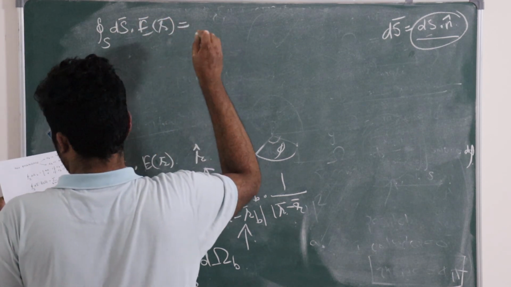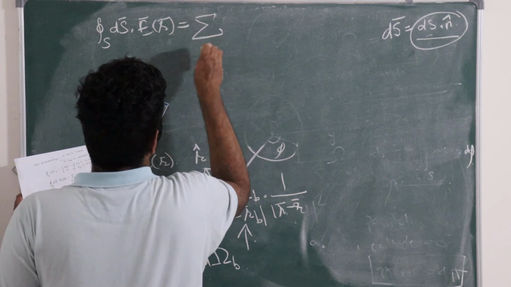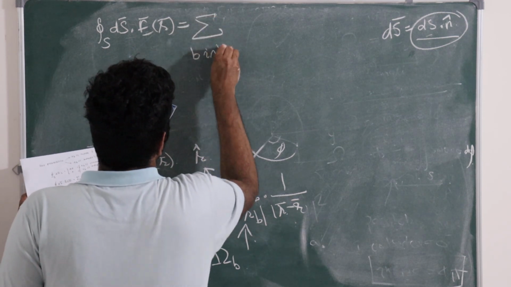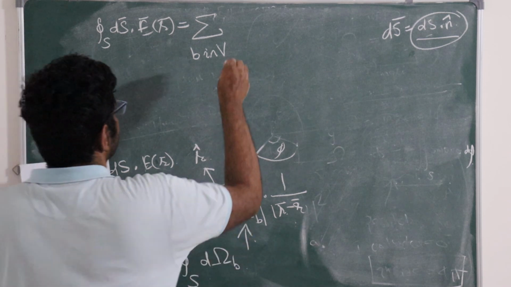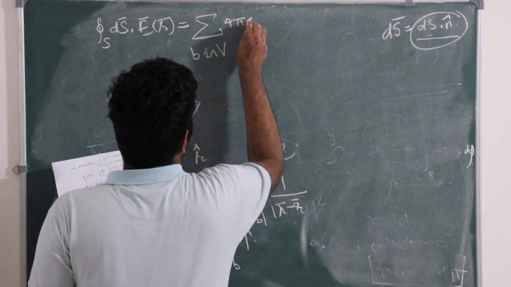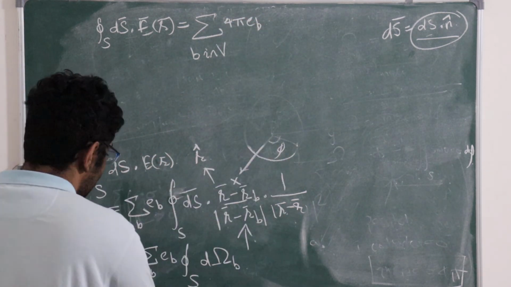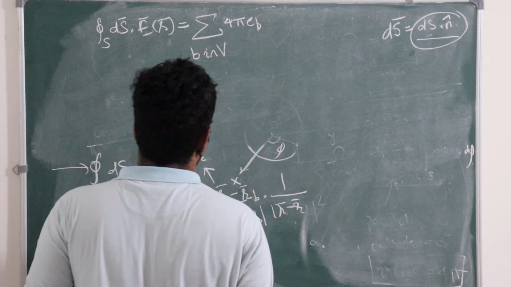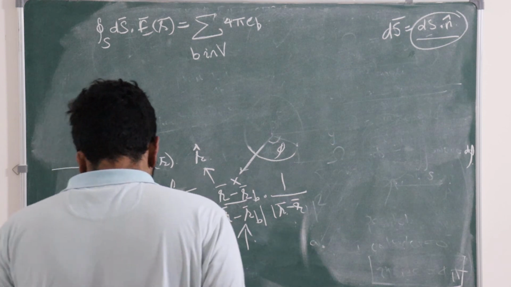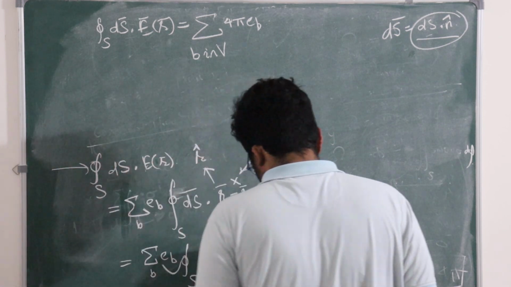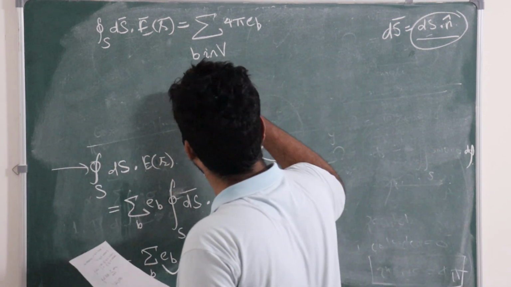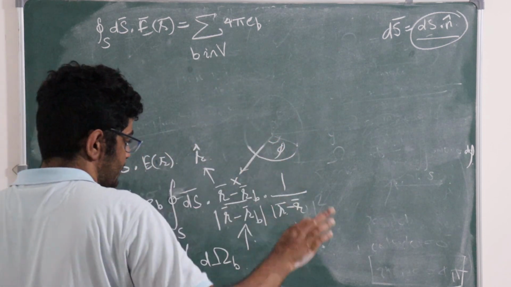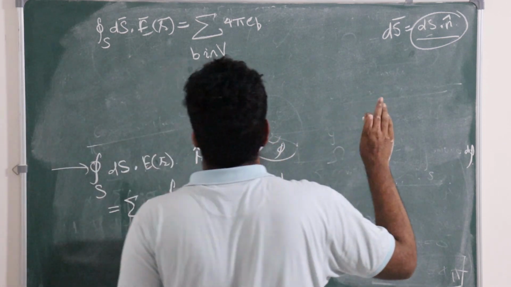The dot product with E is the summation over all the b's in V of 4 pi times eb. The eb was outside, it was a constant, so it is 4 pi times eb. We are not interested in the outside case.